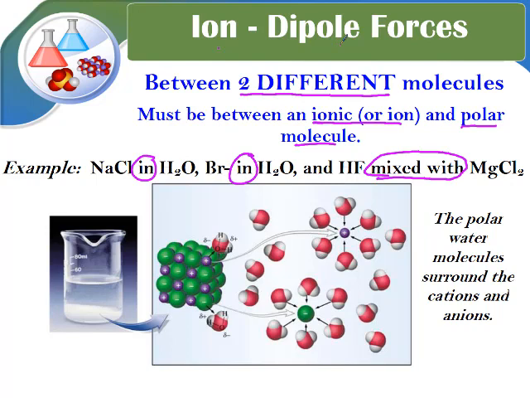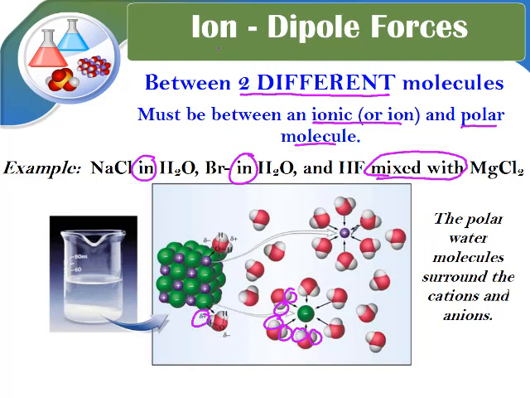Ion dipoles are super important because this is how all salts or ionic compounds dissolve in water or any polar compound. So when you drop sodium chloride in water, the negative ion, chloride, would be surrounded by waters. Notice all of the hydrogen atoms are facing the chloride because hydrogen is slightly positive.